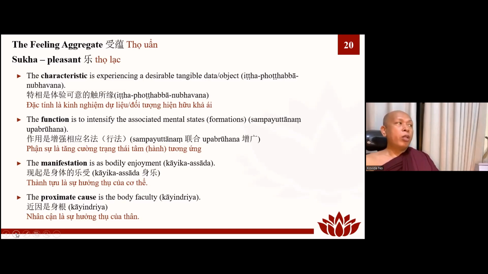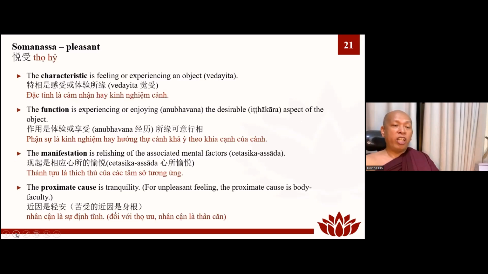Okay, now we have somanasa. Pleasant feeling, this is mental. The characteristic is feeling or experiencing an object with the mind. That means experiencing good things in the mind. The function is experiencing or enjoying the desirable aspect of the objects.